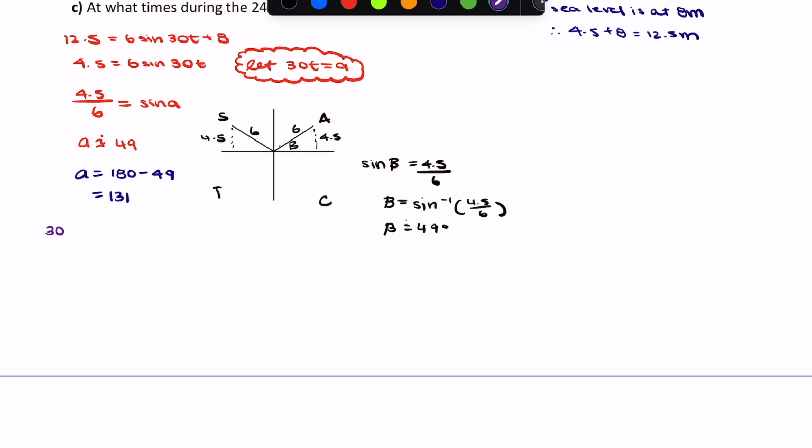So we have one equation, 30t is equal to 49, and t is equal to 1.6 hours. And then we also have the other equation, which is 30t is equal to 131, and here t is equal to 4.4 hours. So we have t is equal to 1.6 hours, and t is equal to 4.4 hours.